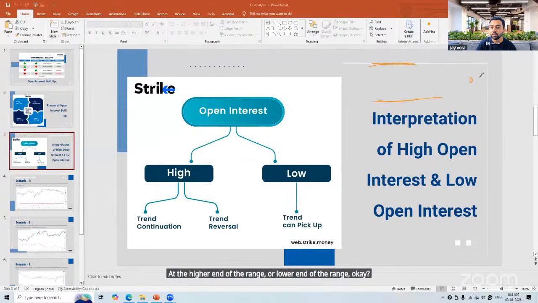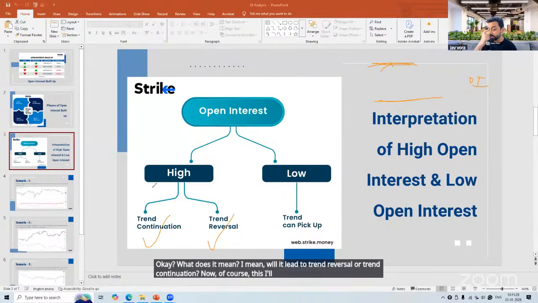When open interest is at the higher end of the range, you have to understand what this high open interest means. Will it lead to a trend reversal or trend continuation? I'll explain this with an example so that you understand it better.